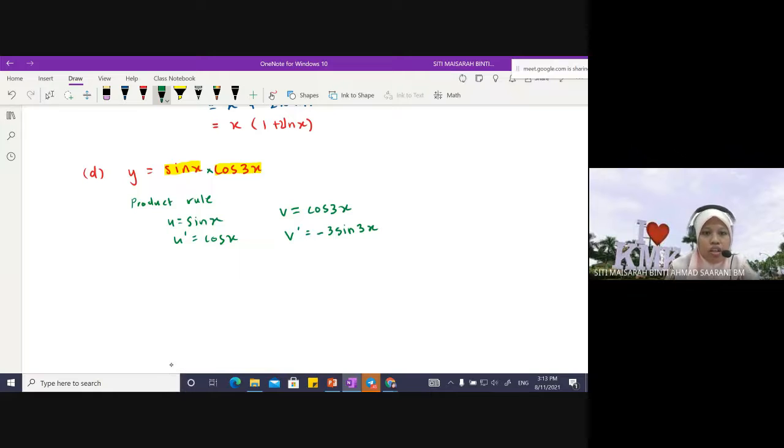To differentiate y in terms of x, dy/dx equals, substituting into the product rule formula, negative 3 sin x sin 3x plus cos x cos 3x.